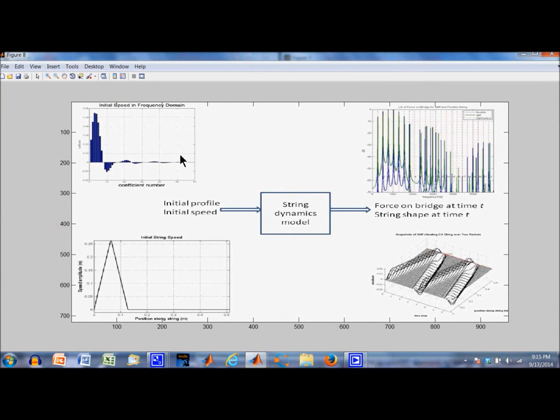Now, here's a picture of what we're going to be doing. We're going to feed this initial condition of the speed and the initial position to the string dynamics model machinery. It's also represented in the frequency domain by this Fourier series. The output is going to be the wave shape as a function of time along that axis and position along the string along that axis.